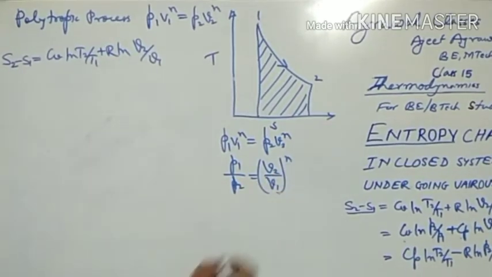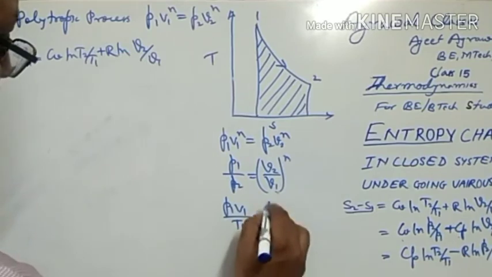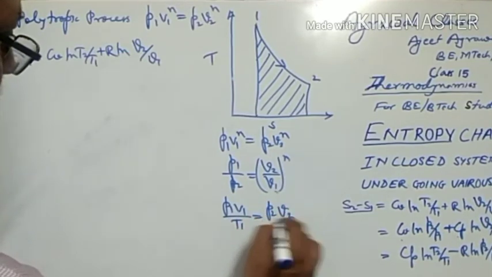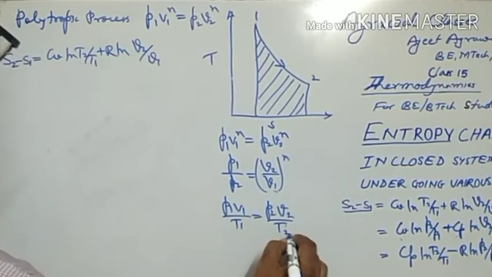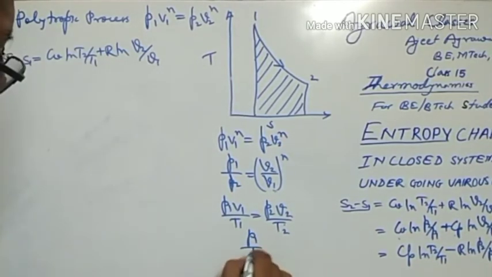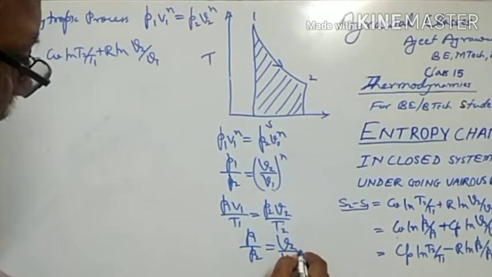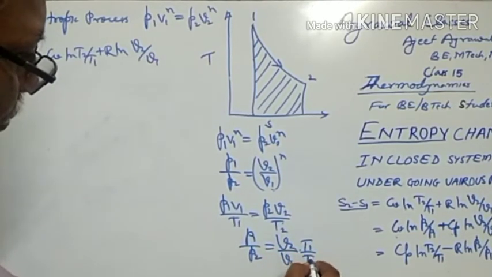And from the general gas equation, P1 V1 by T1 equals P2 V2 by T2. From this equation also, P1 by P2 can be written as V2 by V1 into T1 by T2.